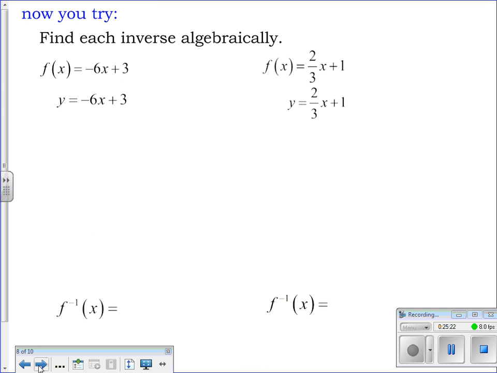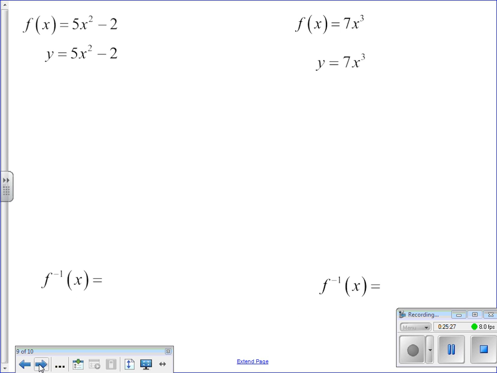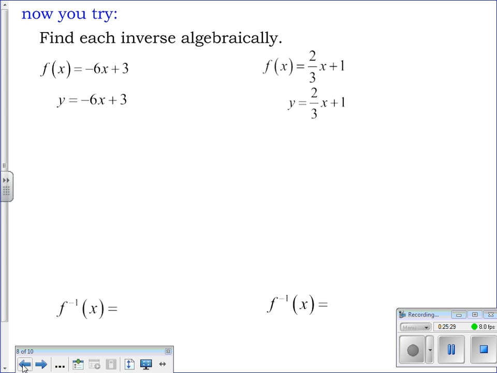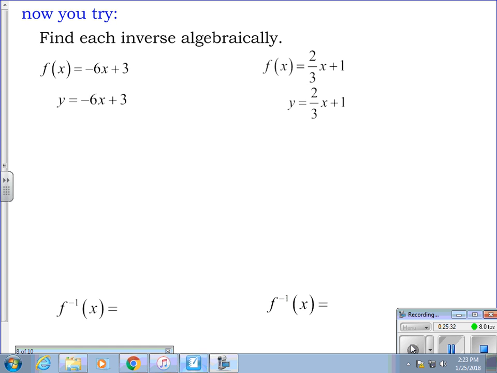Okay? So your turn, do these two. And then I think the next page, same thing. So do these two problems. Okay, looks like everybody's done with these first two, so let's do them. Once again, change f of x to y, solve for x. Subtract 3. Y minus 3 equals negative 6x.